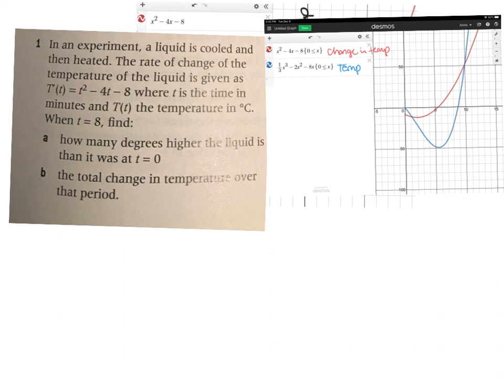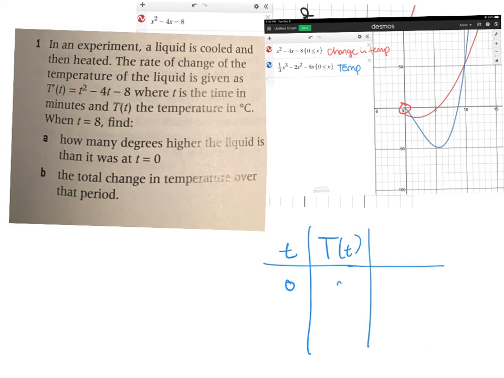This says, when t is 8, find how many degrees higher the liquid is than when it was at t equals 0. Notice it doesn't say what's the temperature at t equals 8. All we can do is figure out how much higher it was than at t equals 0. So at t equals 0, the temperature at that time is also 0.